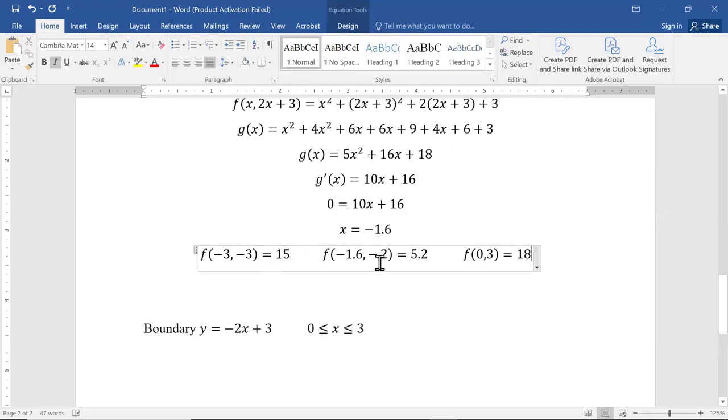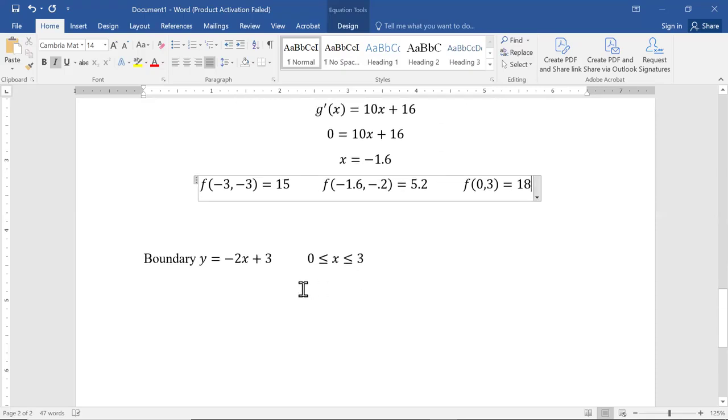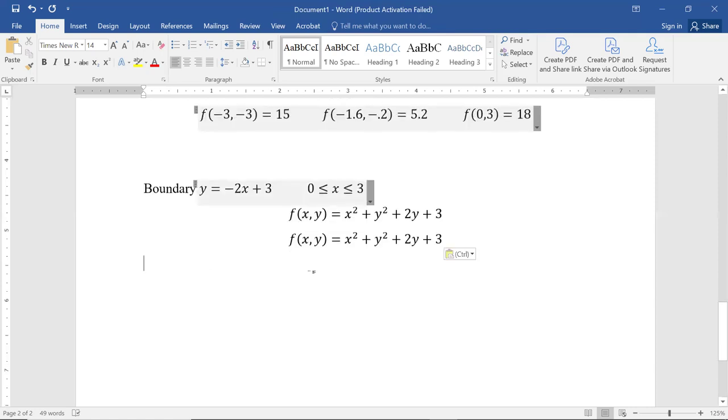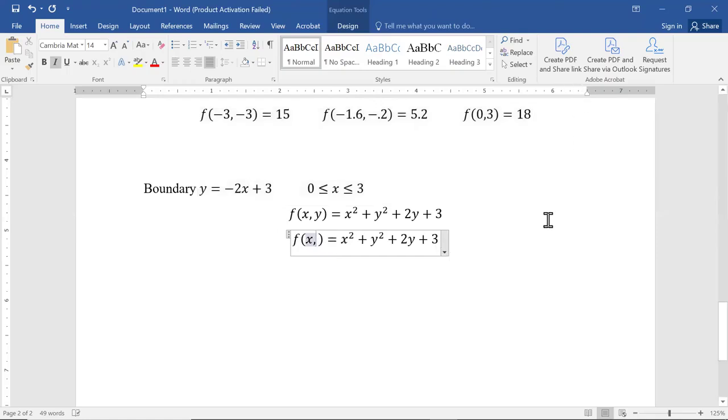So I have these 3 points plugged in. Now I'm going to do the same thing with my next boundary. I'm going to replace the y with a negative 2x plus 3.